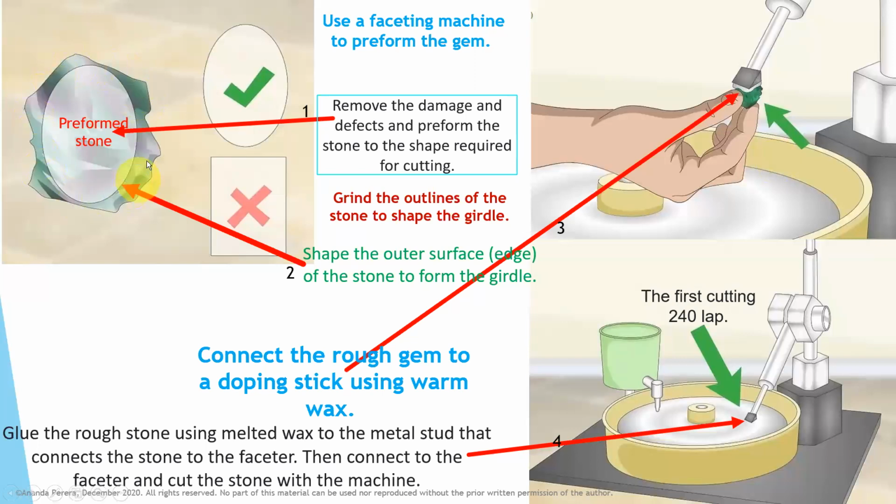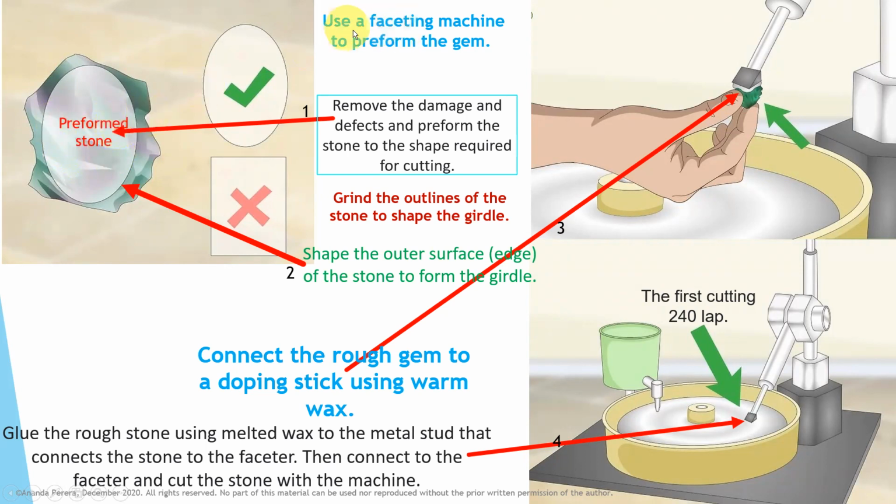So we are removing this. Remove all the damages and defects and preform the stone to the shape required for cutting. I choose here, it is oval shape. Then this gray color oval shape area is the area after removing damages and defects. That is called preformed stones.